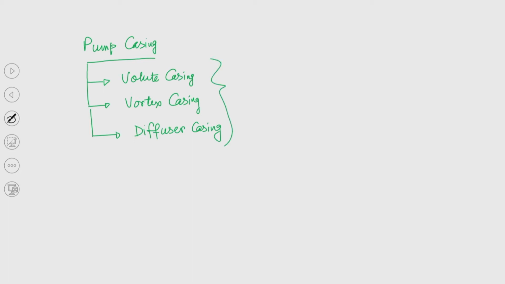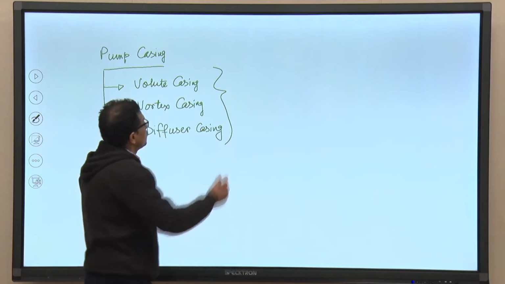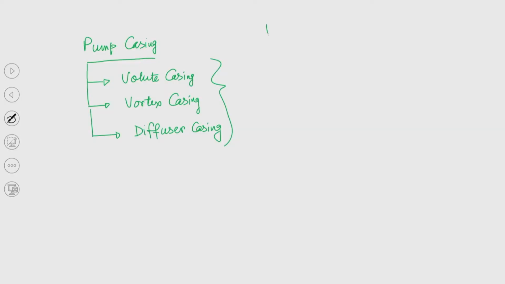Okay. If we try to recall, say I will be discussing about the first one, that is volute casing.